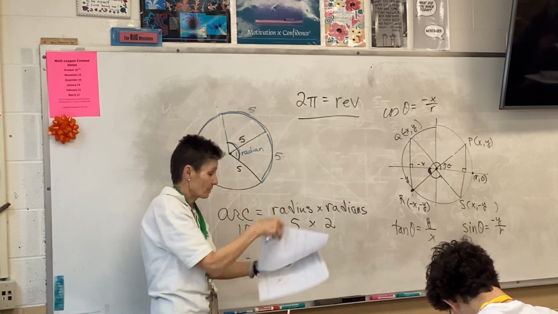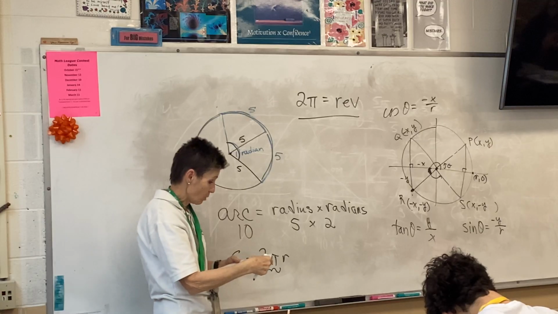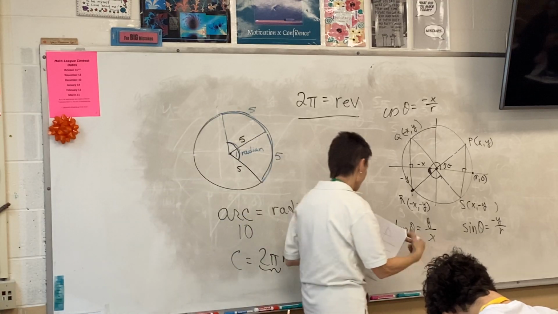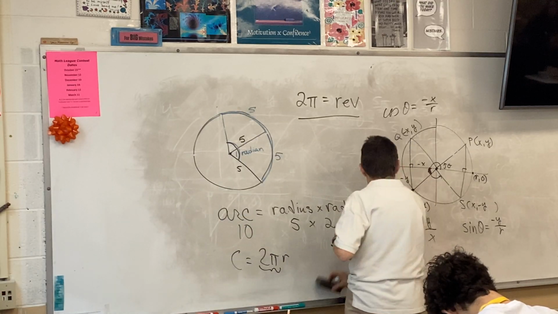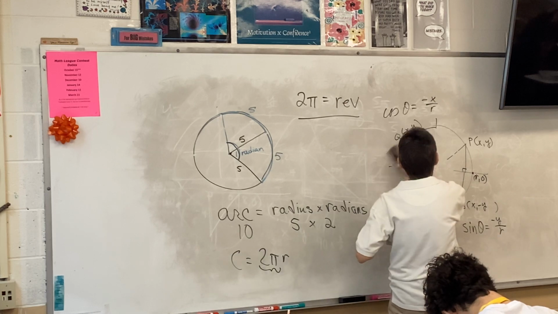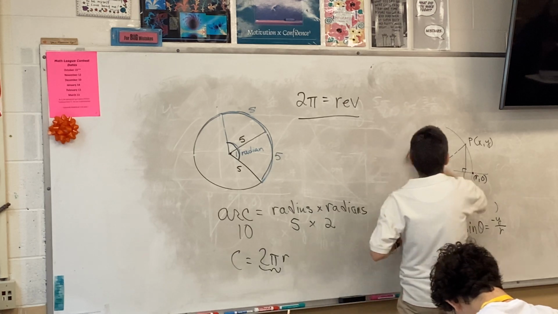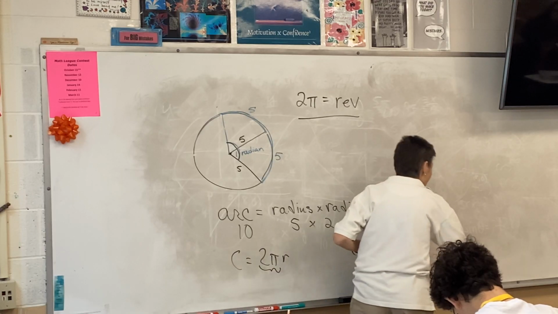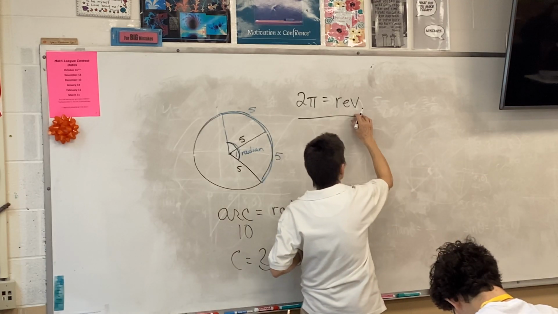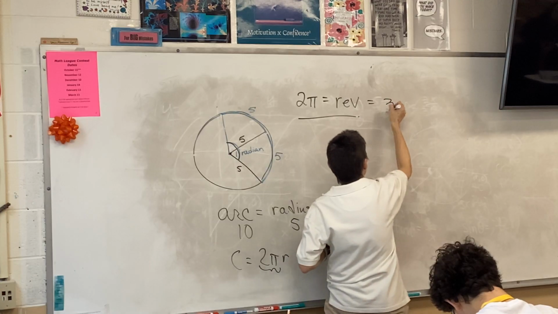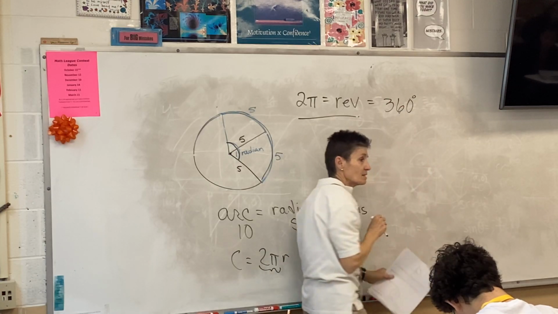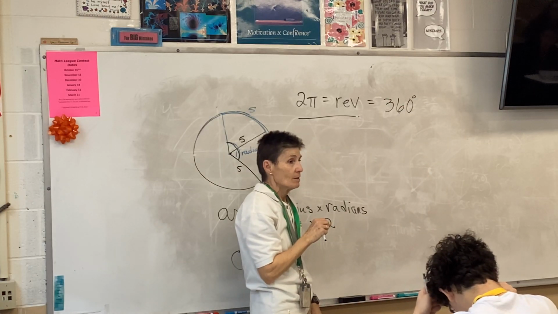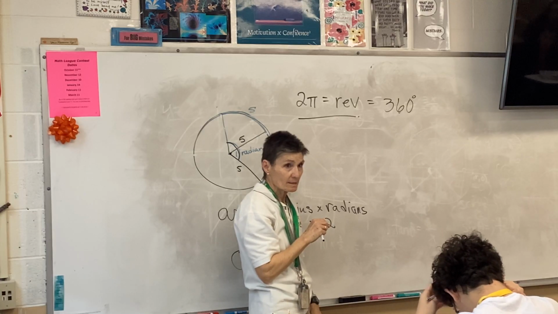So, let's look at example 1 and see if we can figure out what's going on. By the way, if a revolution is 2 pi, then 2 pi radians must be the same as 360 degrees.